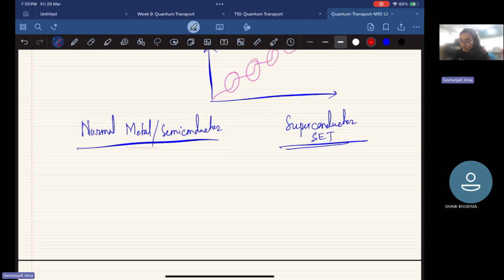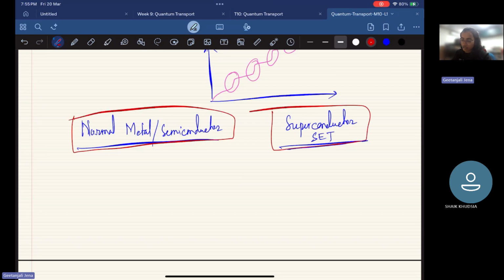Okay. So what I was trying to say is that let us see some of the differences between a metal semiconductor junction and a superconductor single electron transistor. In a metal semiconductor junction, if you recall, the current is zero up to the charging energy, and above it, it is non-zero.